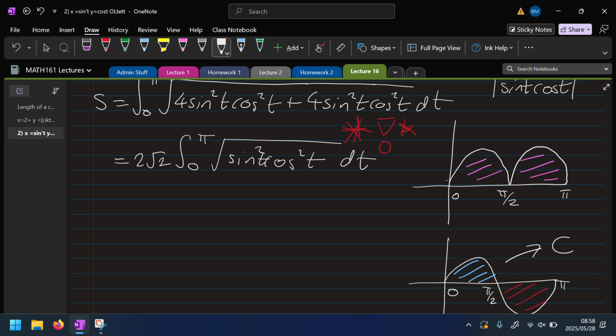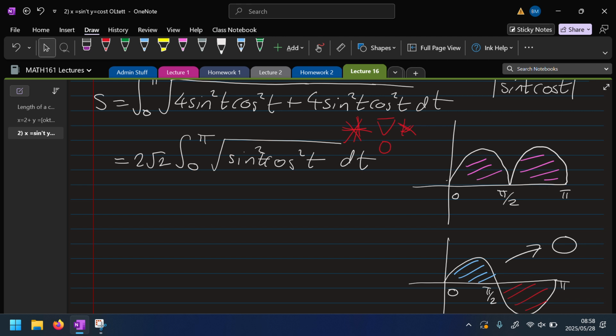So the total integral for this will be 0. Okay. So it's going to be a very big problem if you leave out the absolute value. If you just write this as, cancelling the root and the square, your integral will end up being 0. Now you can't have the length being 0. That makes no sense. But with the absolute value, you get some positive amount.